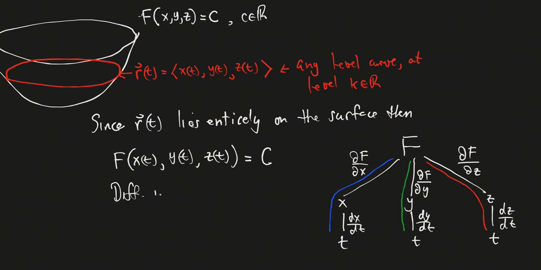If we differentiate with respect to t, this is what we will get. So I'm going to write down the complicated stuff on the left, and then of course we know we're going to get a 0 on the right.